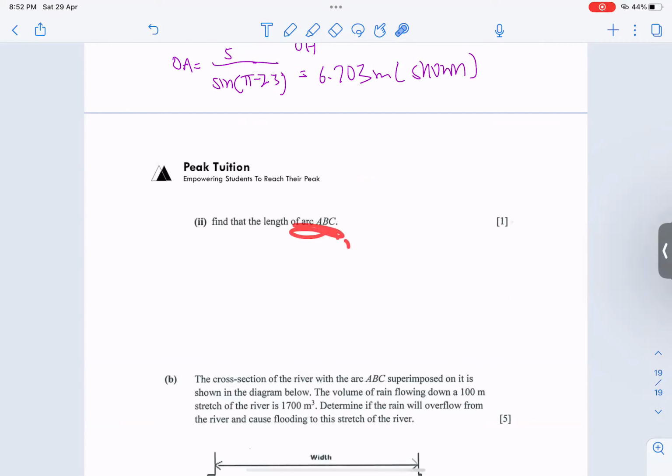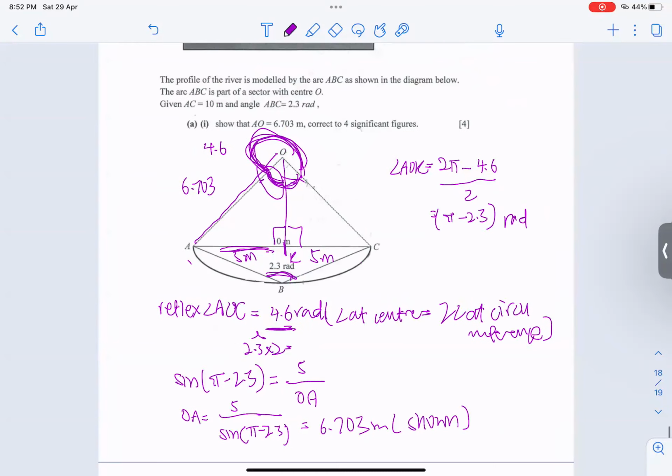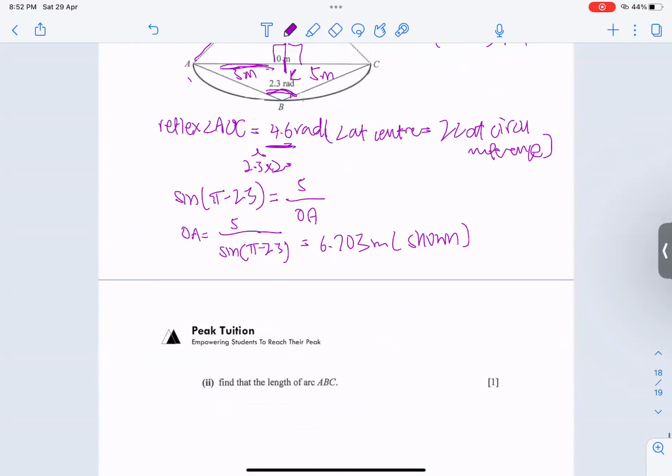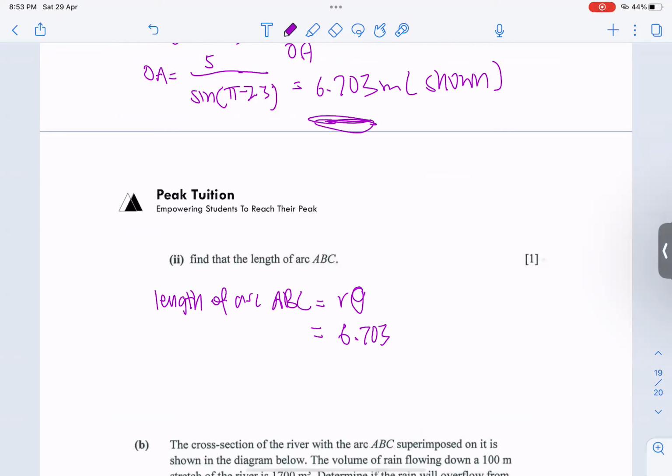Length of arc ABC. This one is super direct. You've got your OA already, and O is the center. So you just use the formula: arc ABC equals radius times theta. The radius is 6.703 from here, times theta.